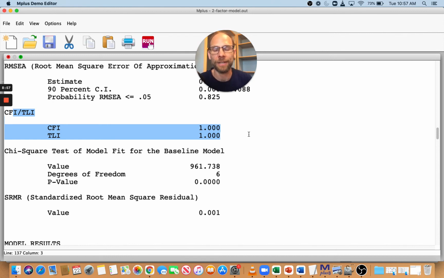Values that are close to 1 for those indices indicate that your target model explains the data a lot better than the baseline or independence model. So that's another reason why this chi-square test of model fit for the baseline model is also provided, because that is the information that goes into the computation of the CFI and TLI incremental fit statistics.